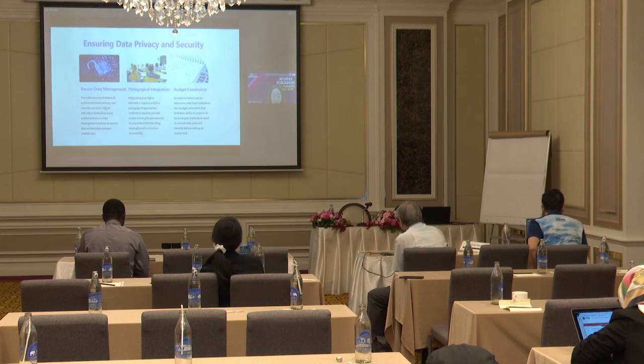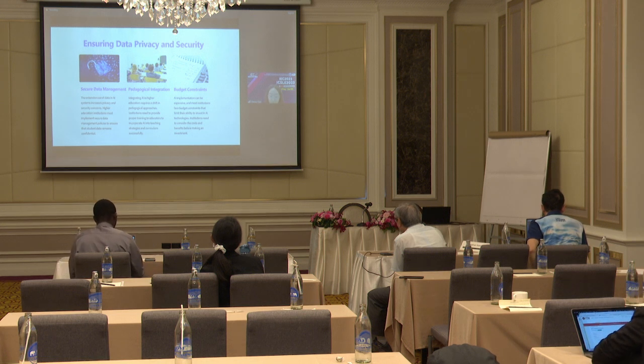Ensuring data privacy and security, secure data management. The extensive use of data in AI systems increases privacy and security concerns. Higher education institutions must implement secure data management policies to ensure that student data remains confidential.